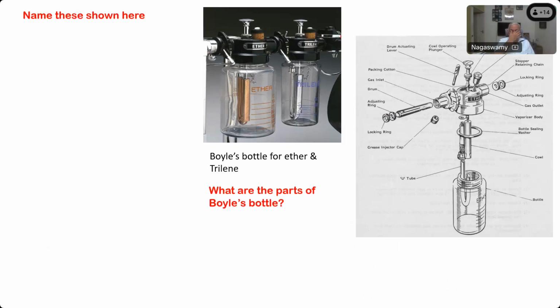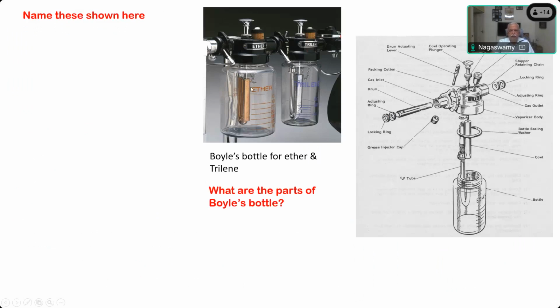All these things are very important even when you learn about your modern day workstations. Whenever there are one or more vaporizers used in the machine, the agent which has a lower boiling point should first come. Then only the agent with the higher boiling point should be fixed. This is called the upstream, this is called the downstream.